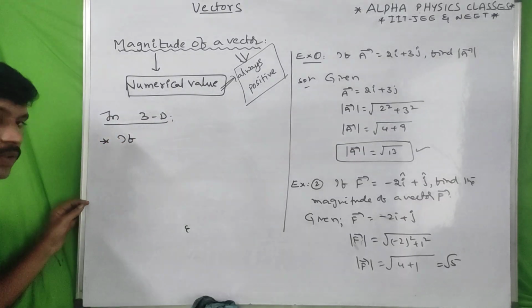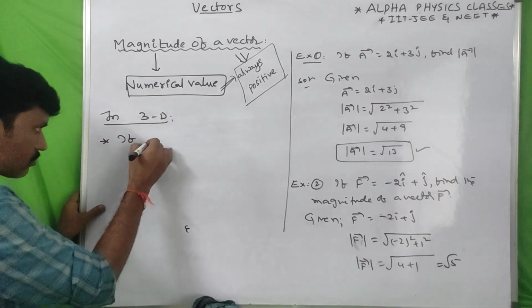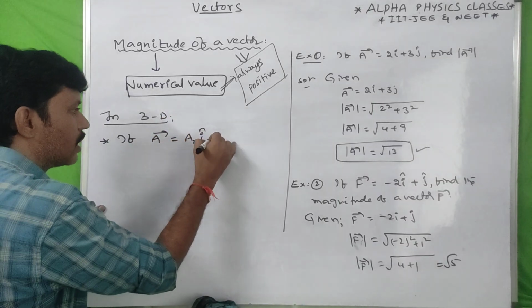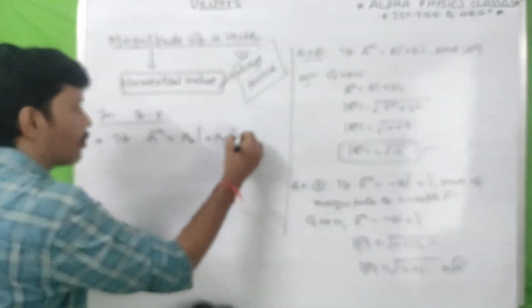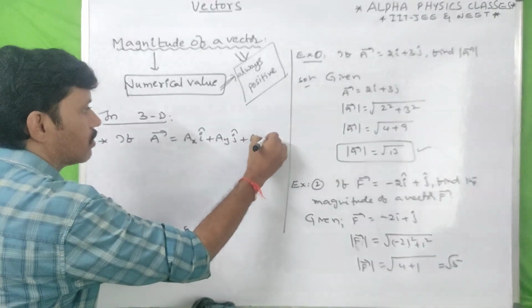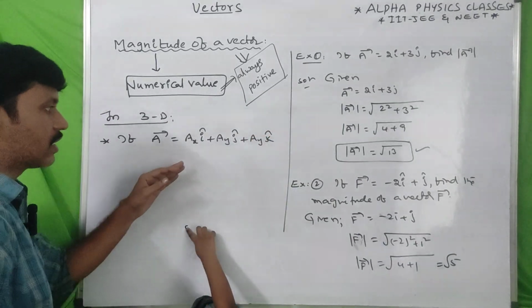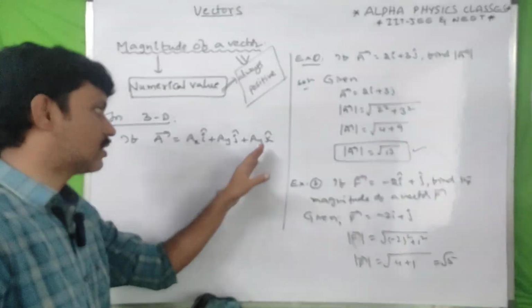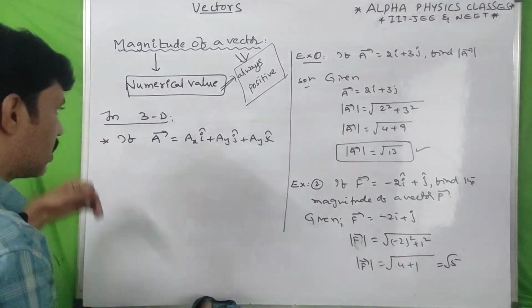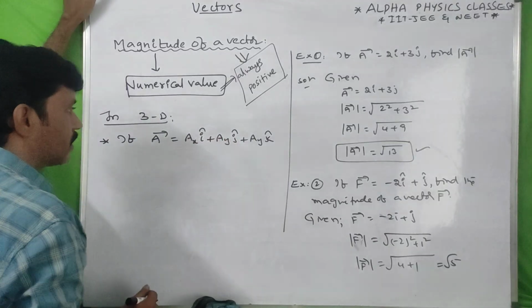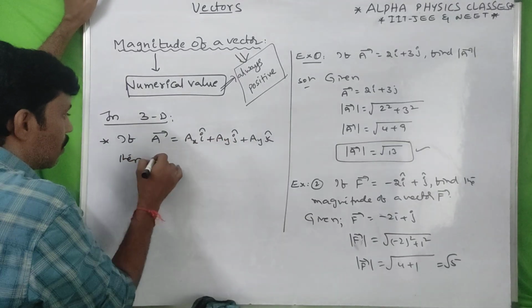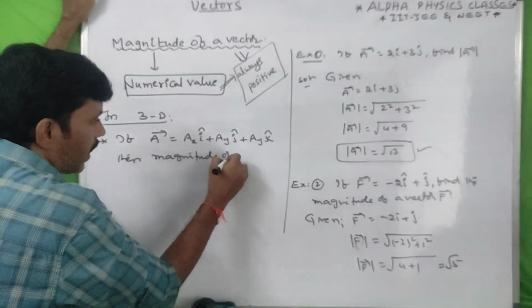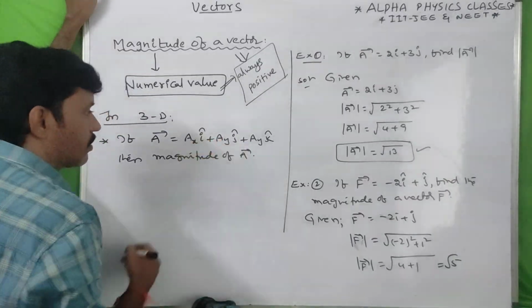If, for example, a bar is equal to ax i cap plus ay j cap plus az k cap. i cap shows the x direction, j cap the y direction and k cap the z direction. So if a vector is represented like this, how can we find the magnitude of a bar vector?